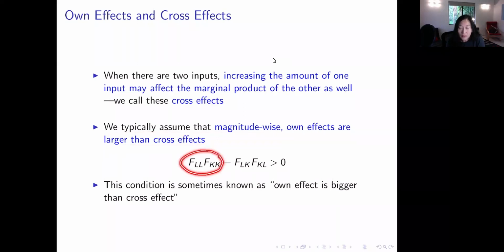So when you multiply the own effects together, it is larger than the cross effects multiplied, or this times this less this times this has to be greater than 0. That means this one is bigger than this. This condition is sometimes known as own effect being bigger than the cross effect.